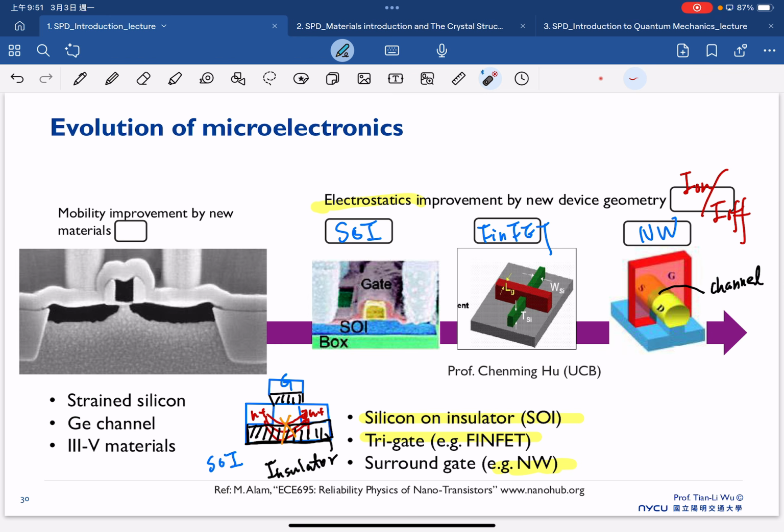So that's what we call the nanowire, or in the end sometimes we call it gate all around, because you have the gate all around your channel region. So that's why we call it gate all around.